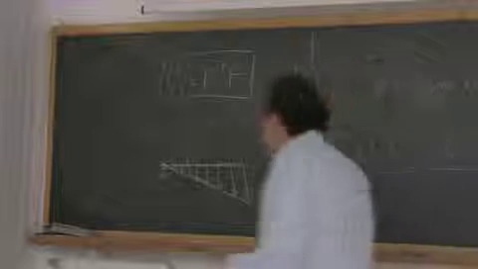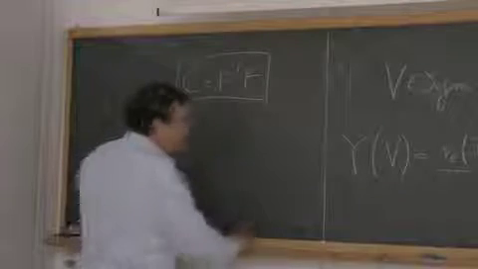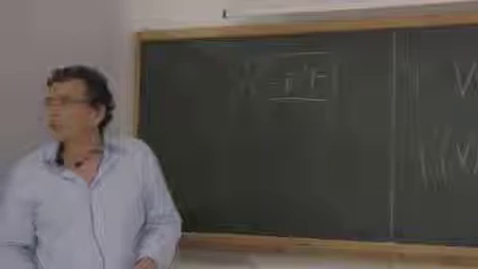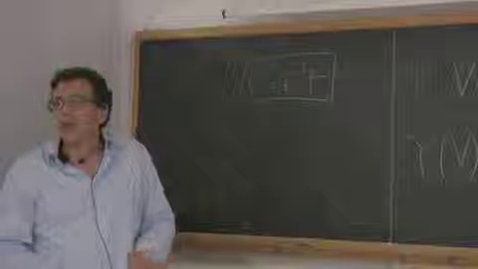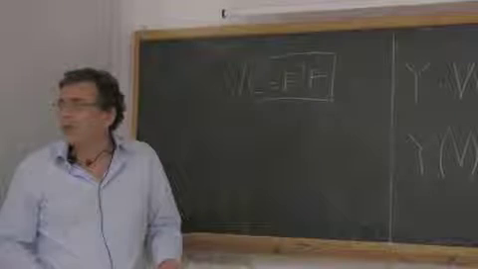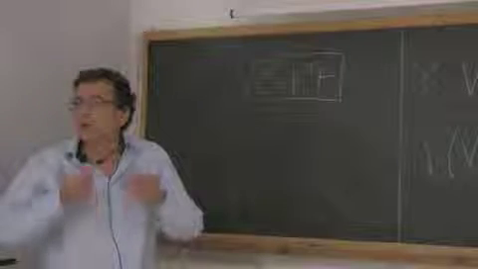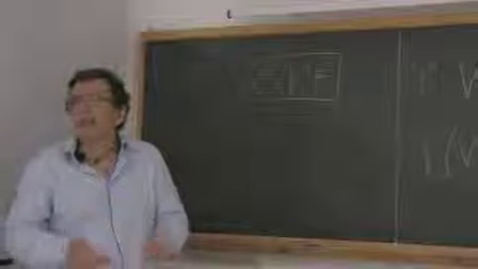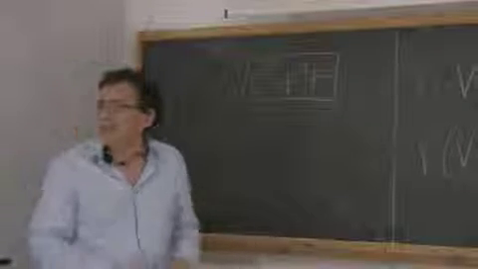Now, why do we want to linearize? That's clear. We want to write linear equations. Linear equations are easier to solve, so we want to truncate every Taylor series at the first order, so we can survive better.